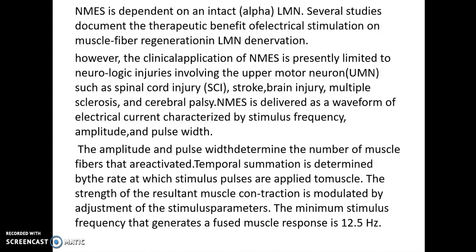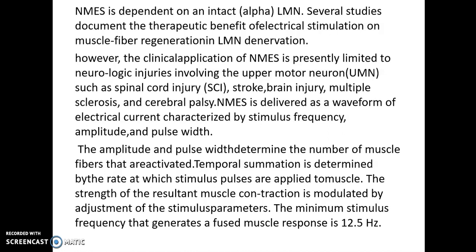So these are the common conditions in which functional neuromuscular stimulation or NMES or FES is indicated, which are upper motor neuron, spinal cord injury, stroke, CVA, all kinds of stroke, brain injuries.